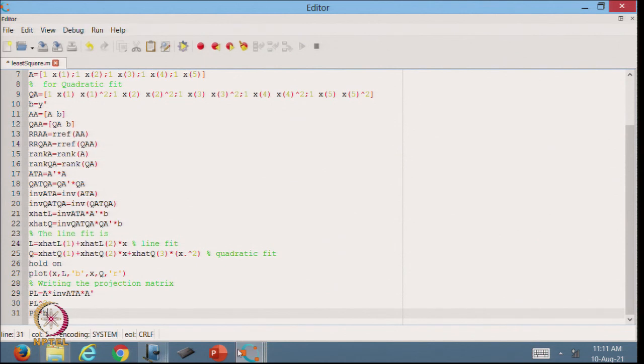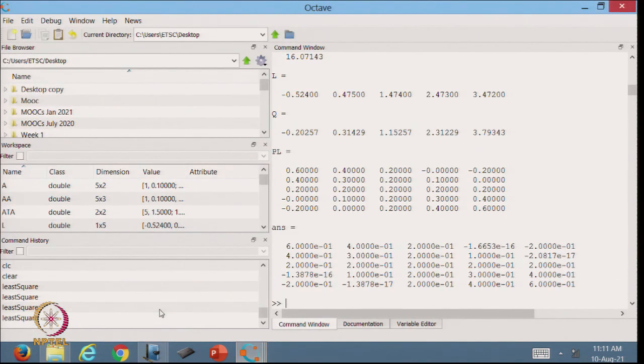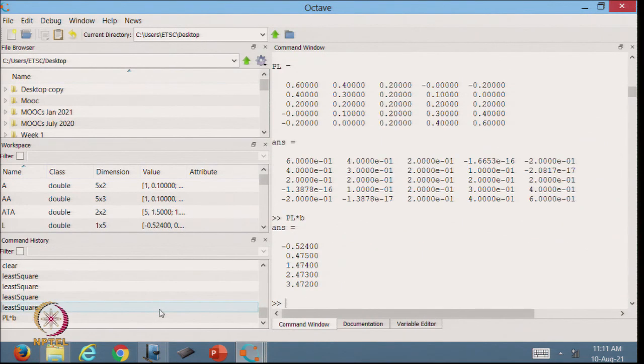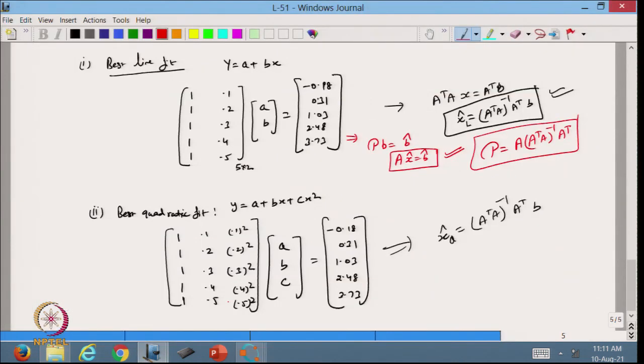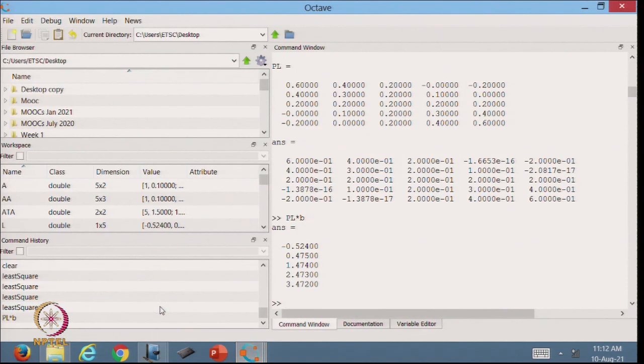Maybe I can just write here PL star B, so this is my B hat, and from here you can see that B hat is this value. Now if I apply PB, this is my B hat, and now I can solve A x hat is equal to B hat, and then I will get the solution. So you will get the same solution as this one.